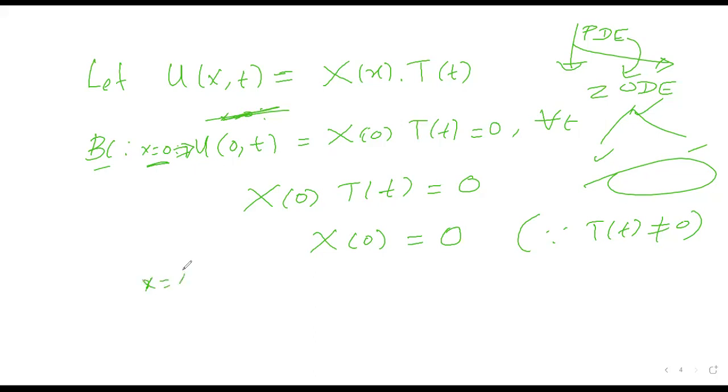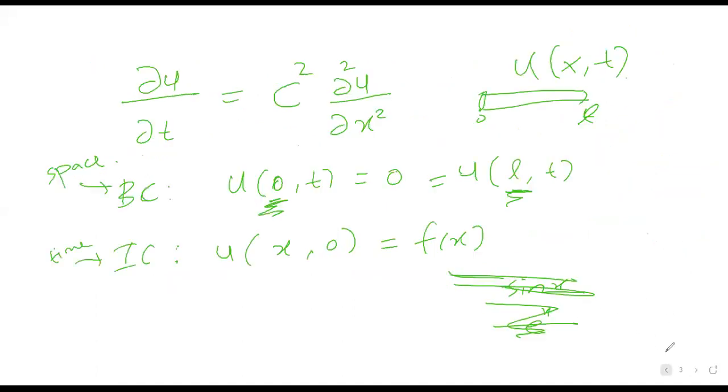X equal to L. In that time, u(L, t) I'm going to put as 0 as well, isn't it? That's what I gave you as a boundary condition. You can see in this boundary condition, u(L, t) is also 0 now. So I have written everything the same. It means u(0, t) is also 0, u(L, t) is also 0. I hope you know these things.